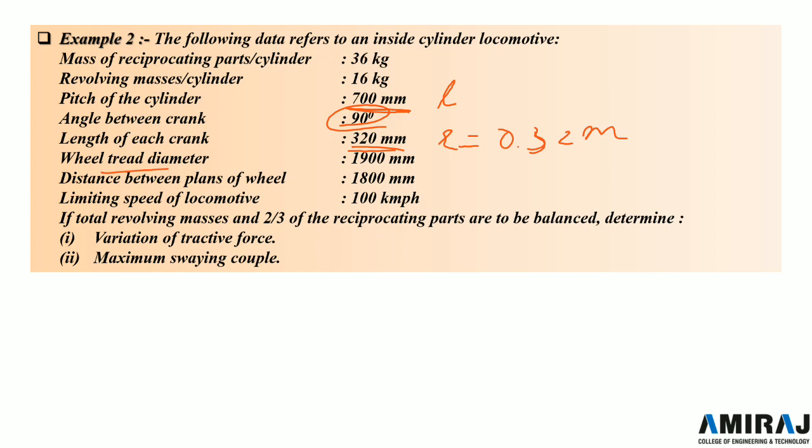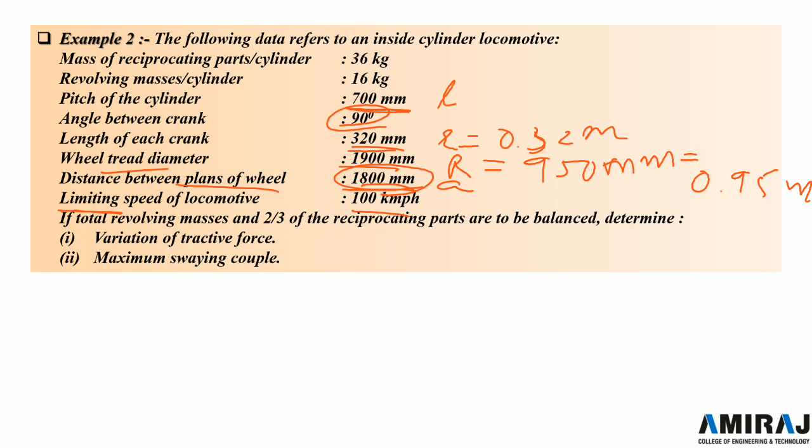Next, wheel tread diameter is 1900, so the capital R radius will be half of it, 950 mm, and we convert it also into meter, so it will be 0.95 meter. Again, the distance between the planes of wheel is given as 1800. That is the small a value, and the limiting speed v is given here, that is 100 km per hour.